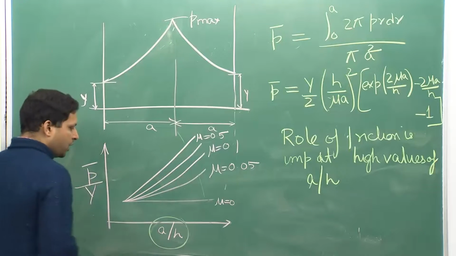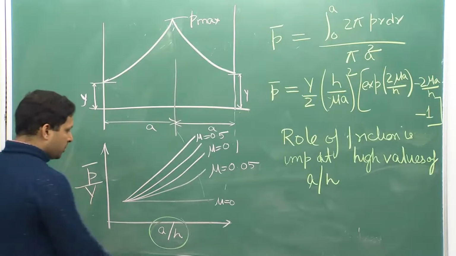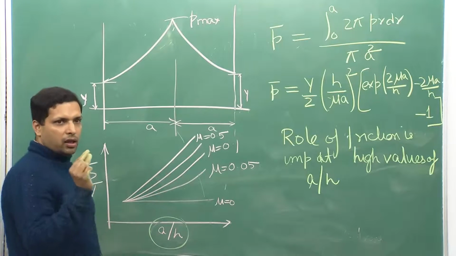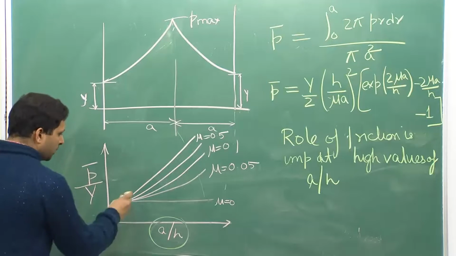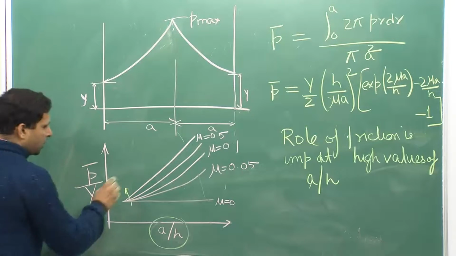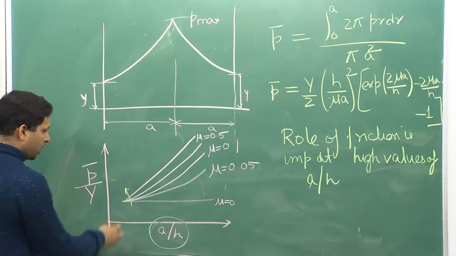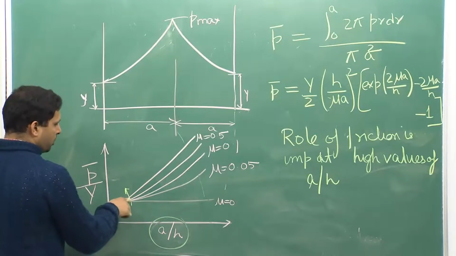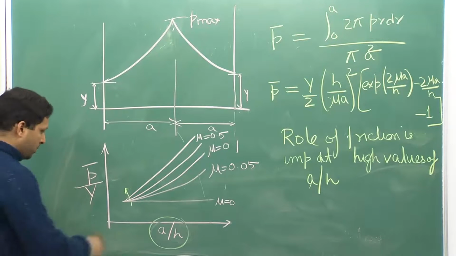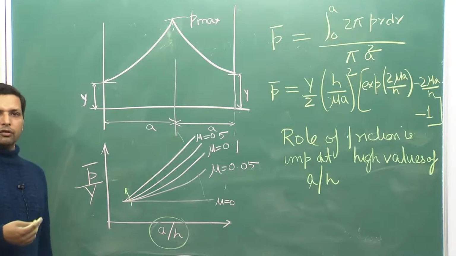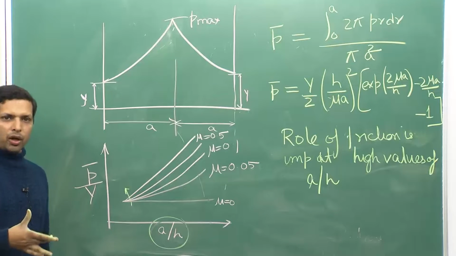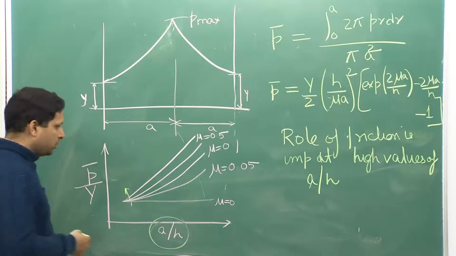However, if your A by H value is very small, which means that you have a very thin contact area with respect to the total height, then the variation in pressure is not very large. Here, if you go from 0 to 0.5, the pressure variation is not very large, and therefore, in effect, friction is not so dominant there.